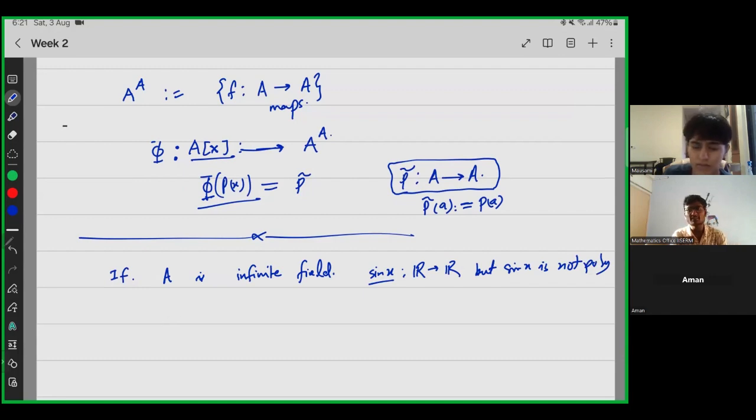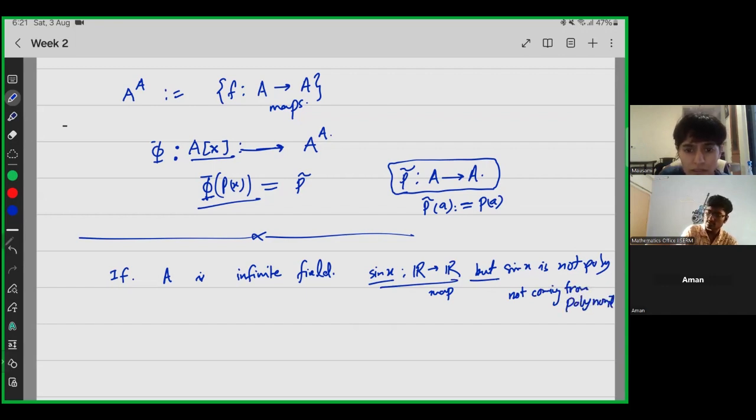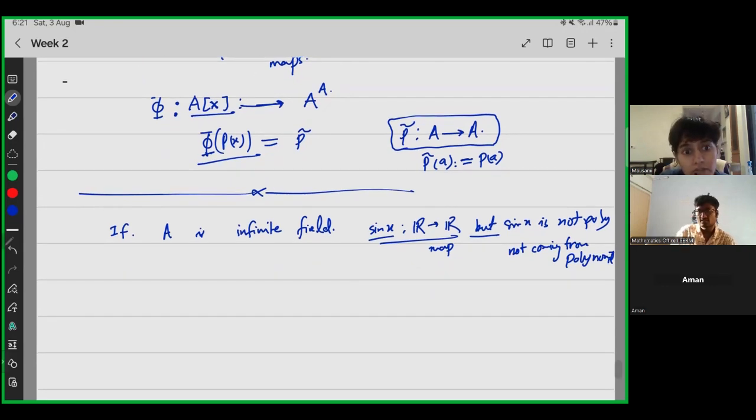It is a function, but not coming from a polynomial. If A is a finite field, then it will be surjective. Any function will be a polynomial function only.